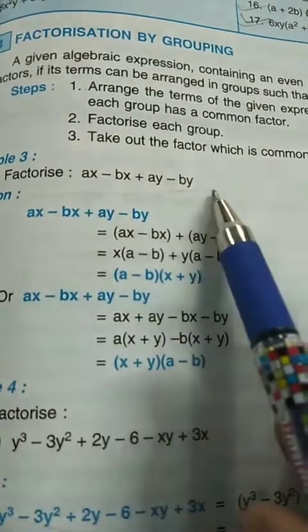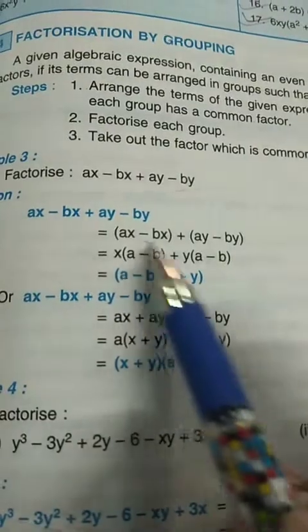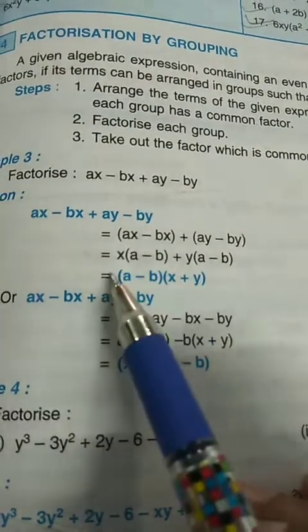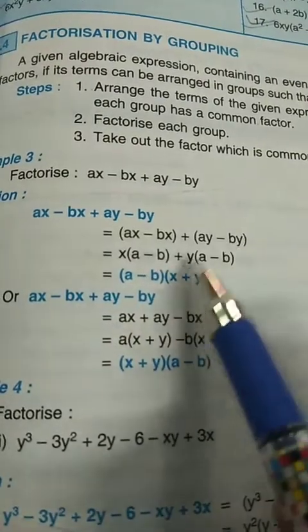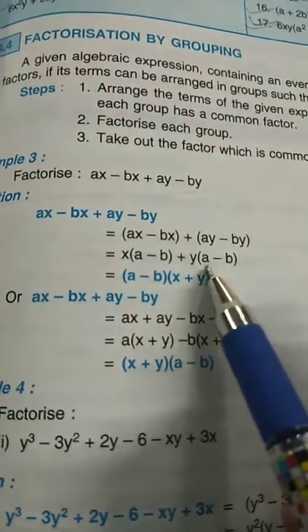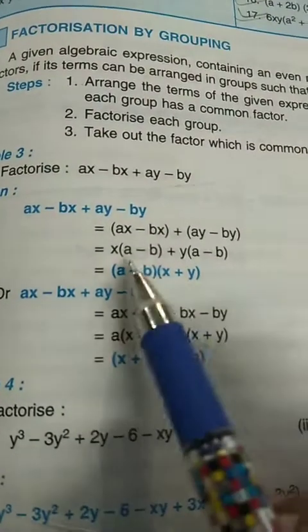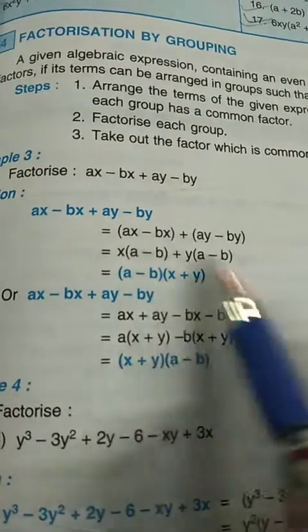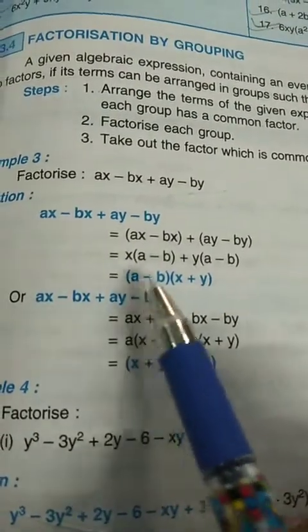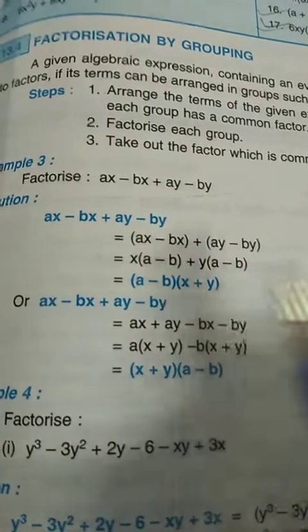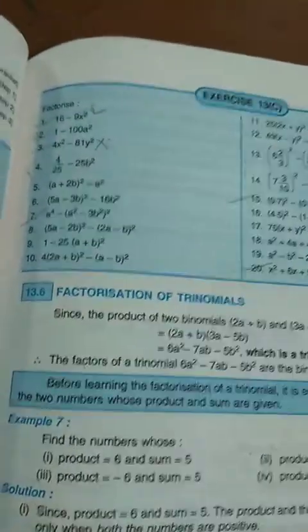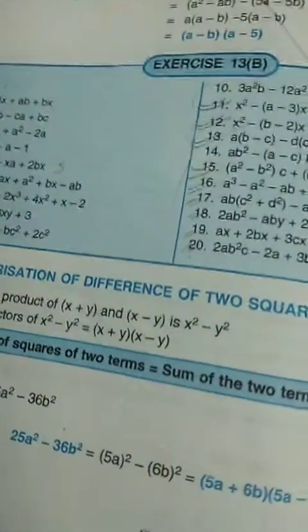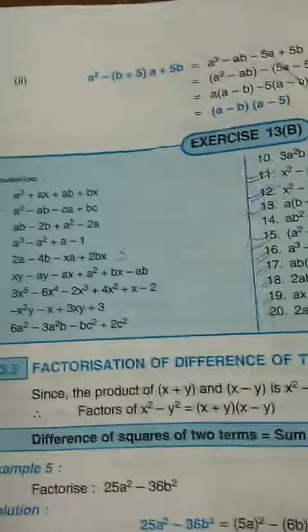We have grouped this together, and now we will take the common out. x is taken common here, which leaves a minus b, and y is taken common here, which leaves a minus b. So a minus b is common throughout, so we write it again, and whatever is left is written inside the bracket. Now we can see some questions from exercise 3b.